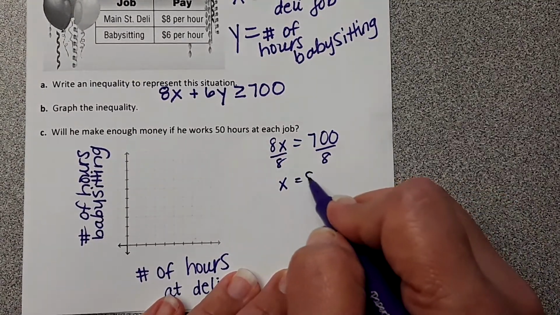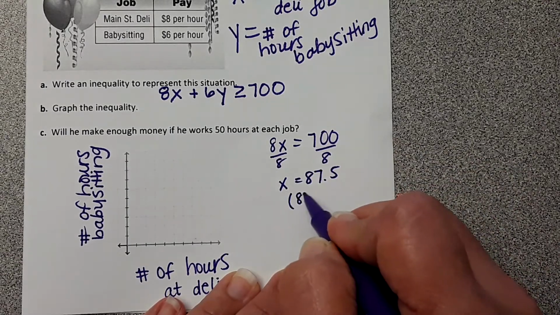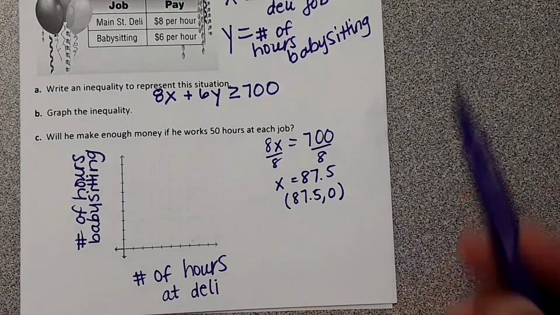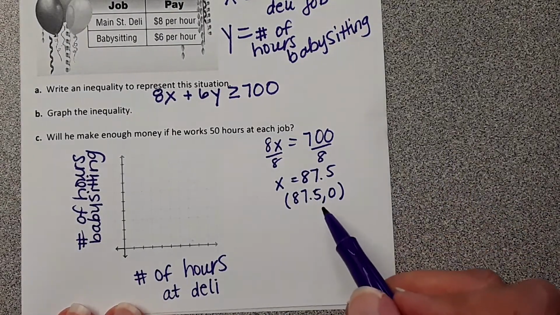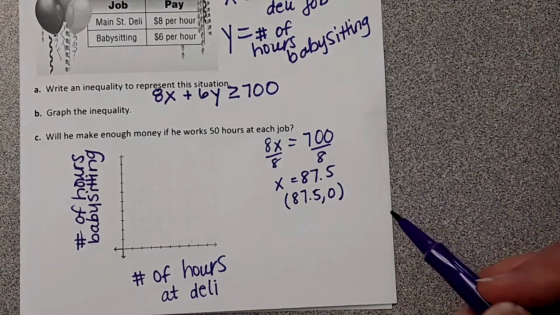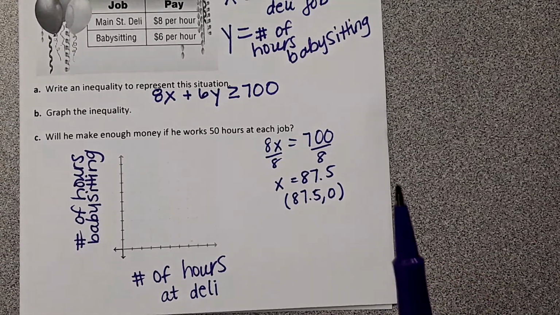So that's about 87.5. So our x-intercept is 87.5, 0. That's how many hours. If he doesn't work any babysitting hours, he has to work 87.5 hours to make 700 at the deli job.